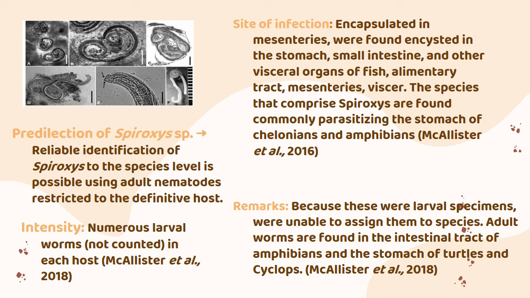Infection and predilection of Spiroxys sp. Predilection of Spiroxys sp. Reliable identification of Spiroxys to the species level is possible using adult nematodes retrieved from the definitive host. Intensity: numerous larval worms, or not counted in its host.